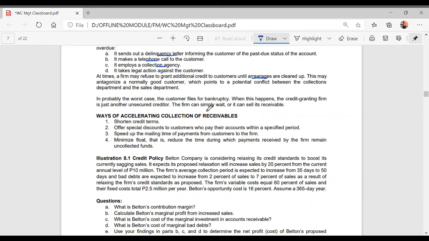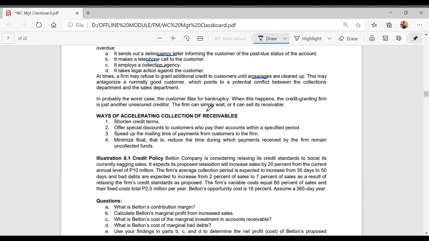And the longer we wait for our cash to be collected, the higher our operating cycle, and you know how big our losses or opportunities forgone will be because of the longer operating cycle. Second is we can offer special discounts to customers who pay their accounts within a specified period.